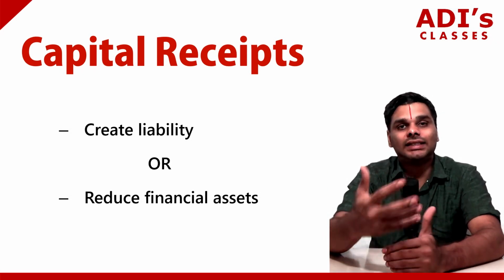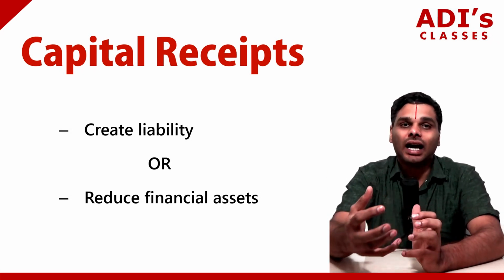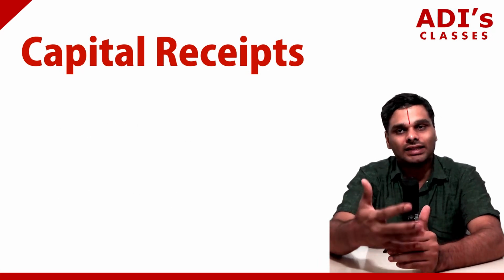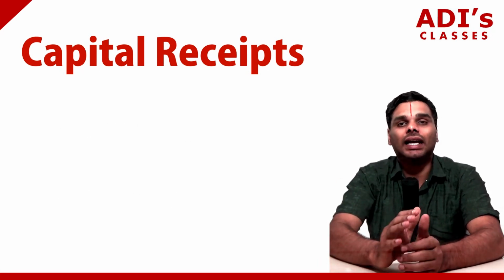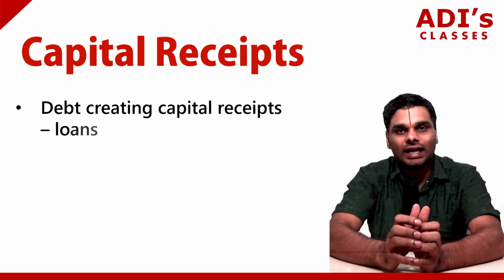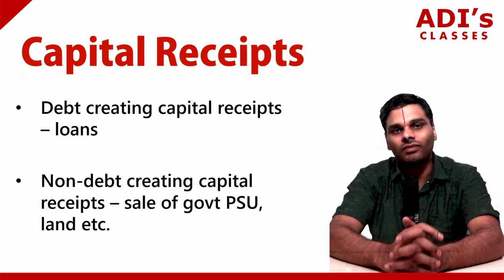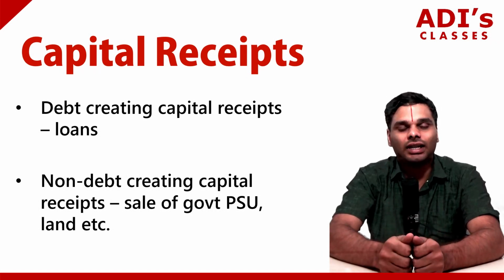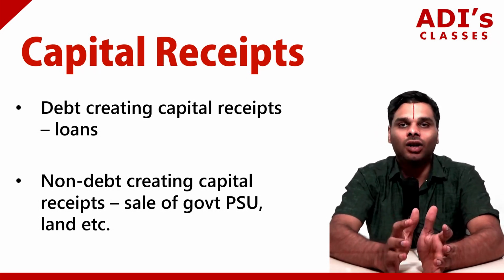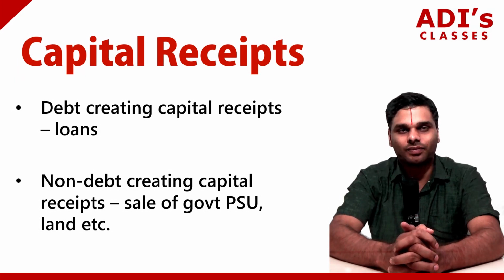When the government sells its asset like a PSU, then the earnings that it may have gained from that asset is lost. Hence, capital receipts can be looked at as debt creating and non-debt creating receipts.